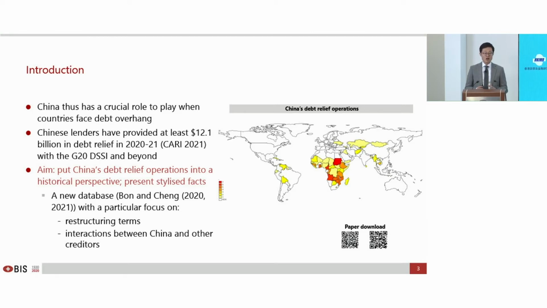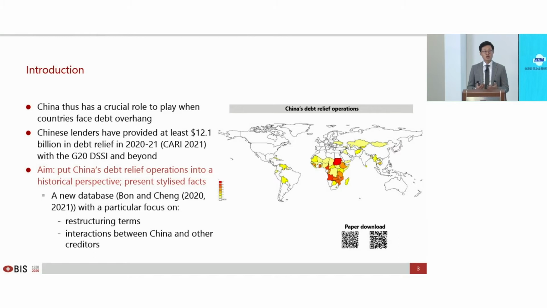In my talk today, I'm going to put China's debt relief operations into a historical perspective, to show that the DSSI is not the first time for China to provide debt relief to developing countries. On the contrary, as you can see from the map on the right-hand side, China has provided many debt relief operations throughout the past 2 decades, especially in African countries.